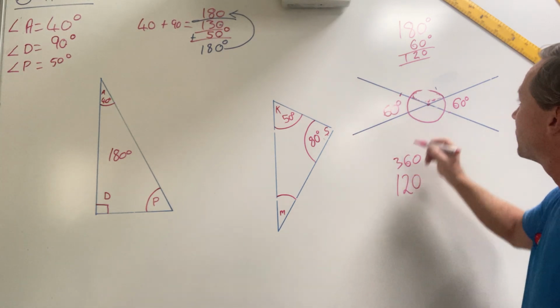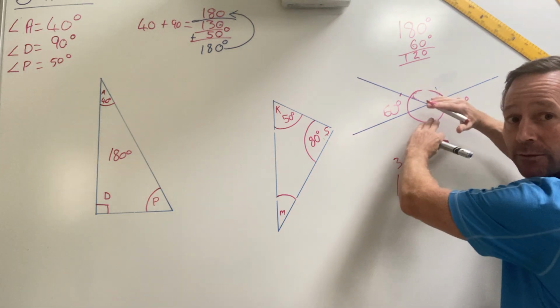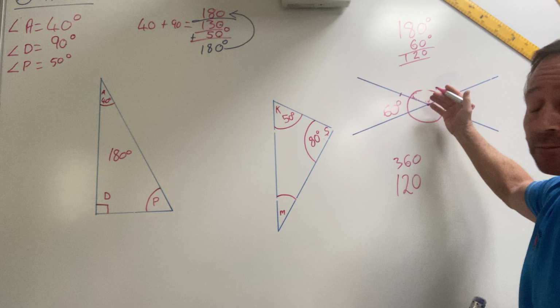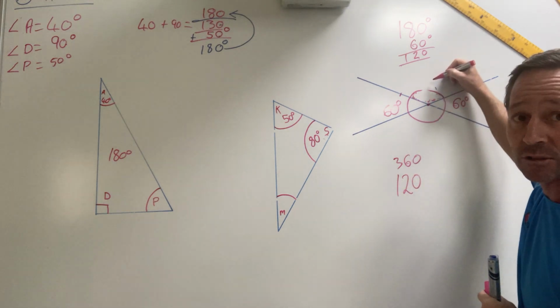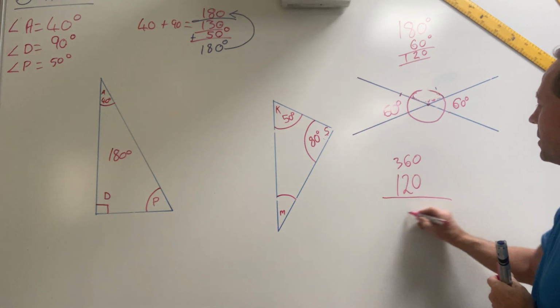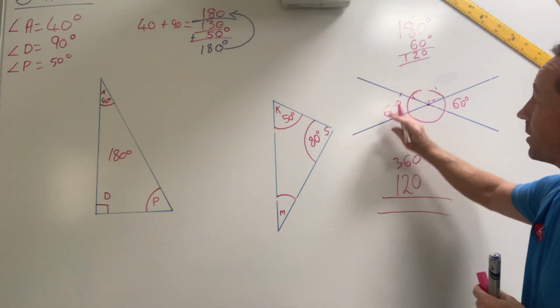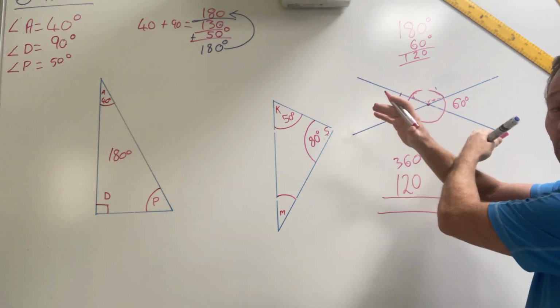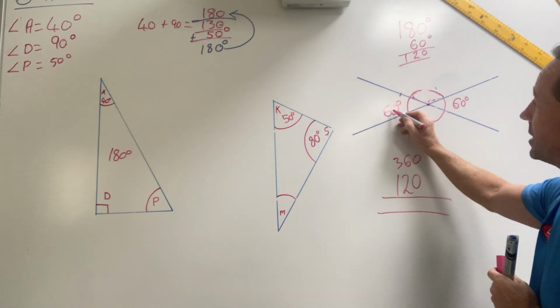So another way you could have solved this one, if you got in what angles on a straight line add up to. We know this is going to be 120 because we've just done it, but just to prove it another way. If there's only one angle showing, and there's two lines that have intersected, 60 degrees.